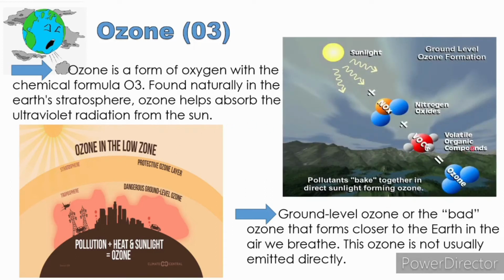Volatile organic compounds are chemicals usually found in many products we use at home, like paints, air fresheners, cleaning products, and even smoke. Adding nitrogen oxide, the poisonous gases from fuel burnt from vehicles or factories, they will interact with sunlight and produce ground level ozone, or the bad ozone.